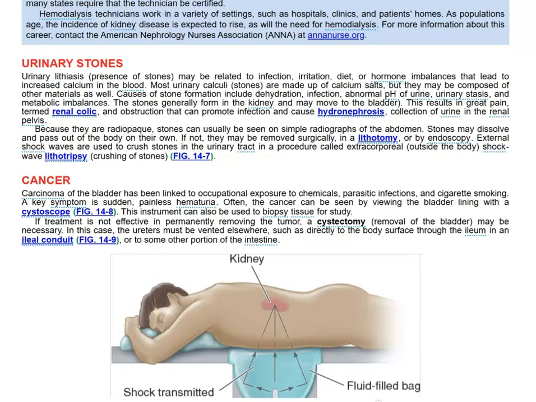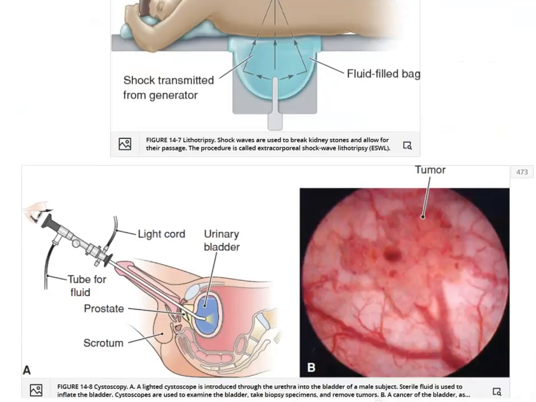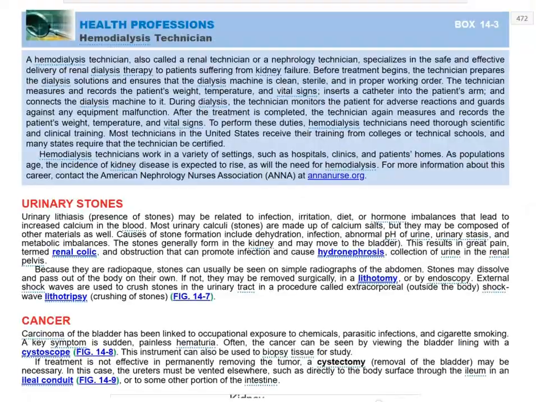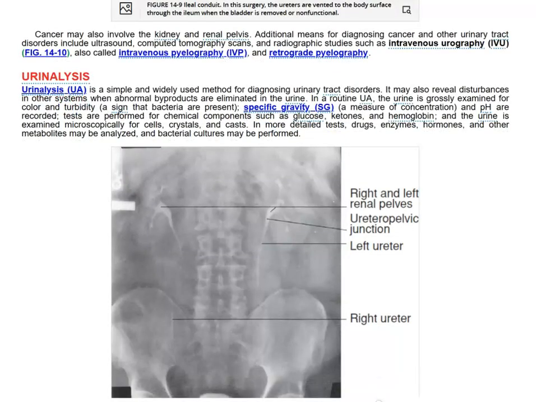Urinary stones, kidney stones, calculi, calculus, are caused by many things. A lot of them can initially be caused by sodas, excessive alcohol, eating too much of something or not enough. Cancers of the kidneys, the urethra, and the bladder are very common because it's a system that sees a lot of waste, right? So just be careful what we put in our bodies.